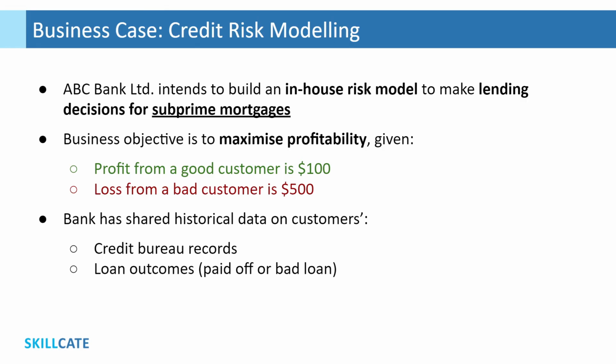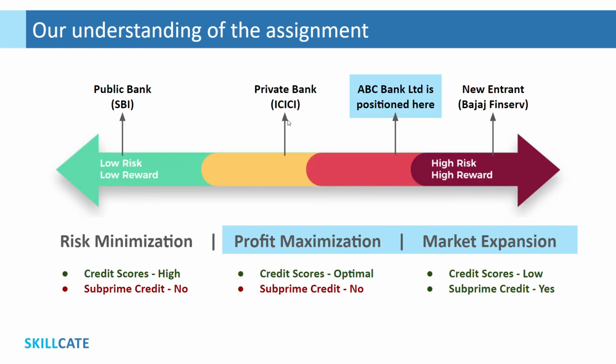So our scope was to build a machine learning based in-house risk model, allowing business to make lending decisions for subprime mortgages. Based on our understanding of this assignment, we knew that ABC Bank Limited is placed towards the right of the risk spectrum, and their business objectives shall entail both profitability and market expansion.